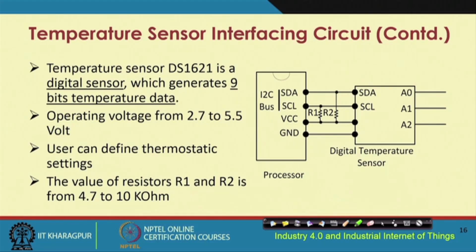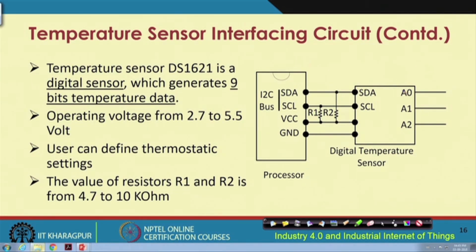The functioning of a digital temperature sensor is a bit different from the way the analog sensors work. So, this is an example of a digital temperature sensor. The model is DS1621, and this particular sensor will generate 9 bits of temperature data.